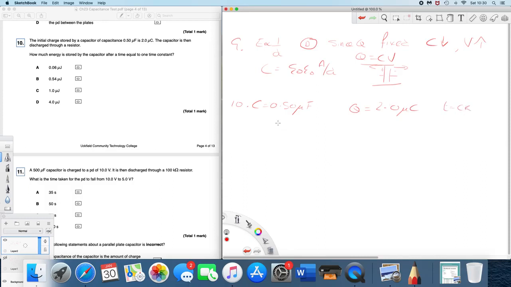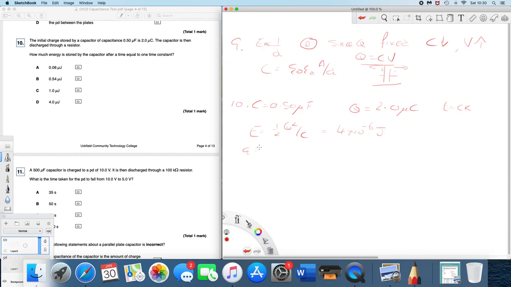So, the energy stored is a half Q squared over C. We've got Q and C, so that's kind of handy. So stick in our values and we'll get 4 times 10 to the minus 6 joules if we do that.